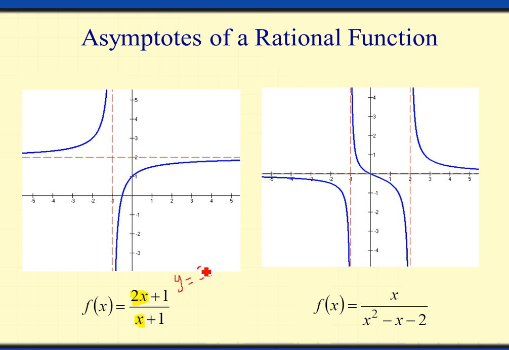The leading coefficient of the numerator is a 2, and the leading coefficient of the denominator is a 1. So it's the line y equal 2. Well, sure enough, if you look above, that's exactly what we've got, isn't it? Here's where y is equal to 2, and the horizontal line through that, you can see, represents the horizontal asymptote.